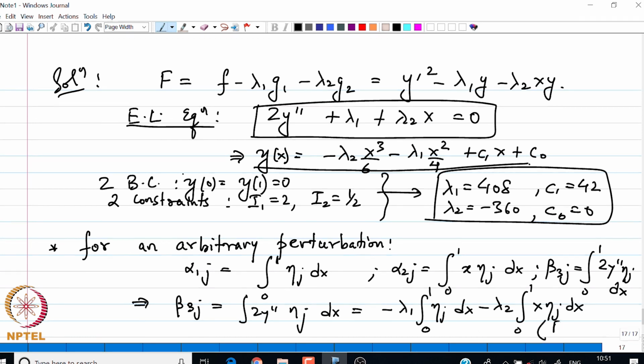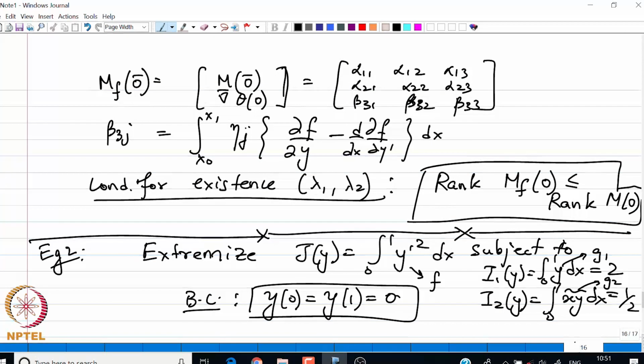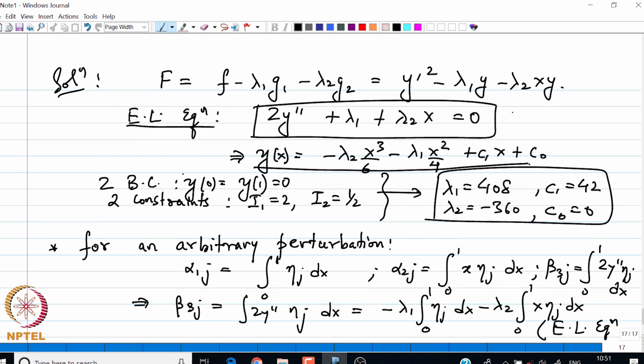This is directly from our Euler-Lagrange equation, from this particular relation.